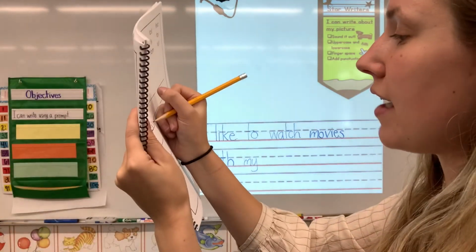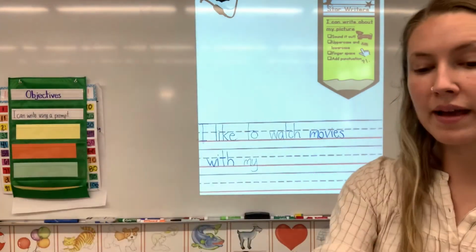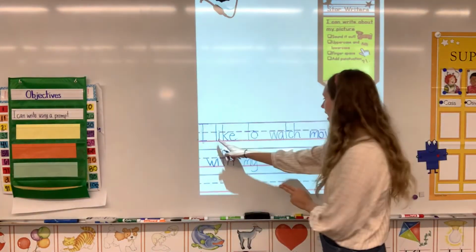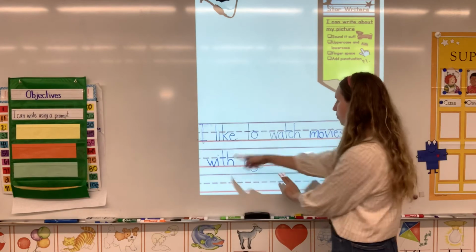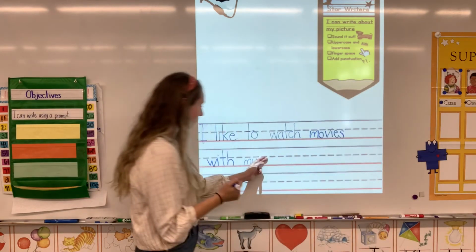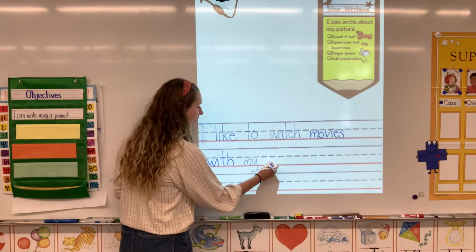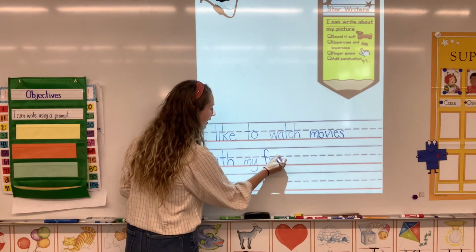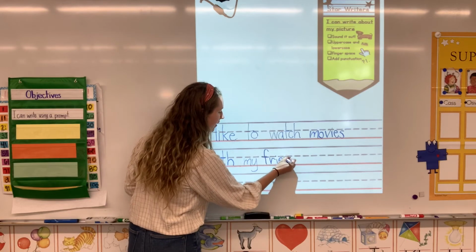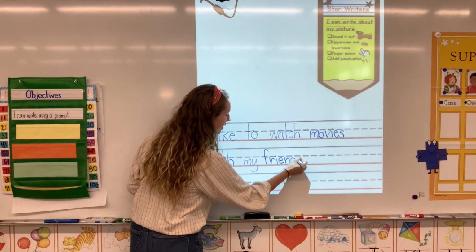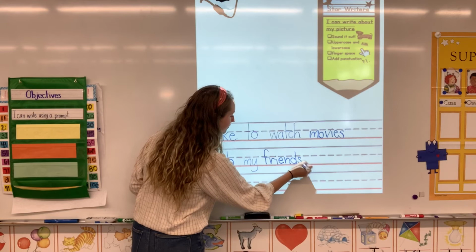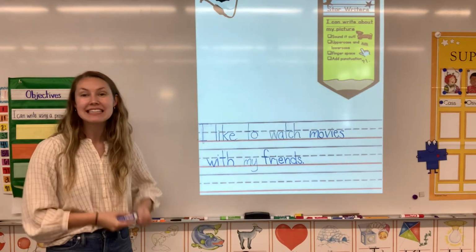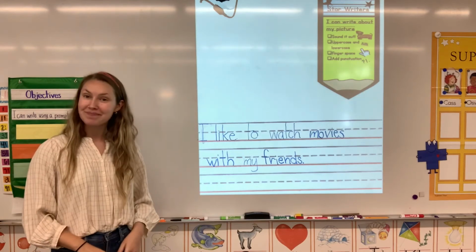F-R-I-E-N-D-S. Friends. So now we have friends in our word wall book that you can use. I like to watch movies with my, and I'm going to make some finger space, friends. F-R-I-E-N-D-S. I added a period because that's the end of my sentence, and now I'm ready to draw a picture.